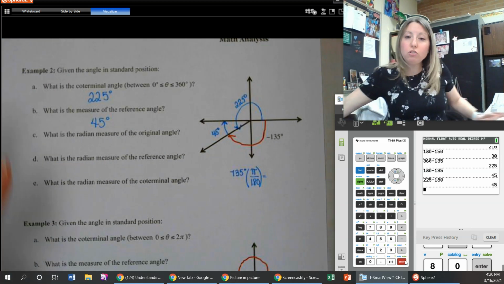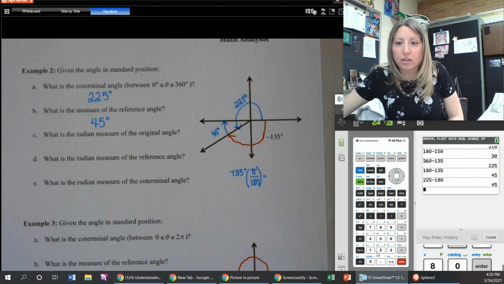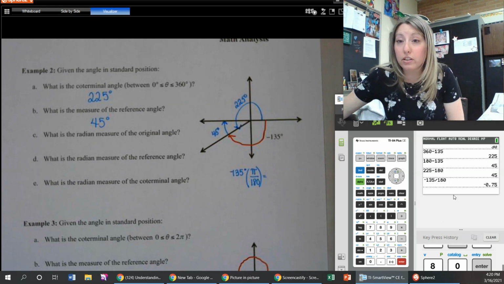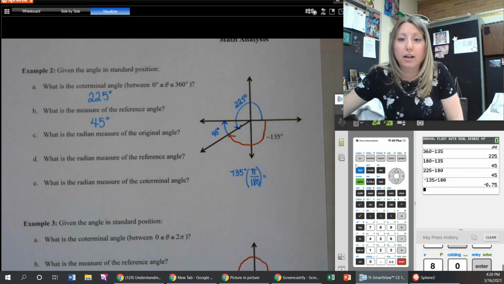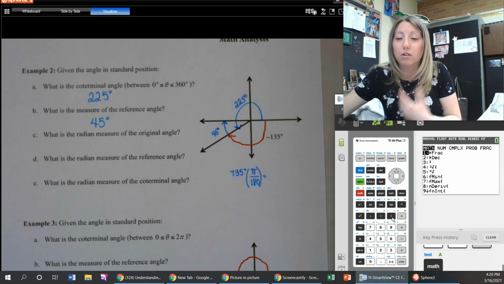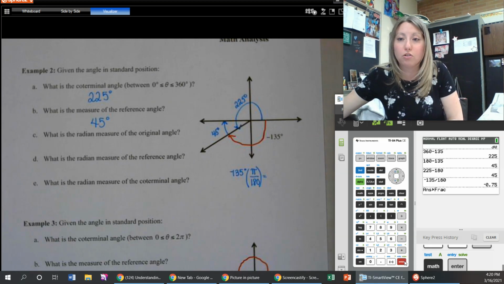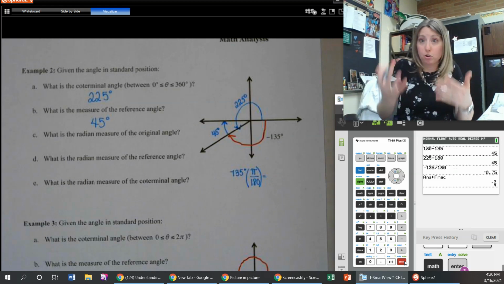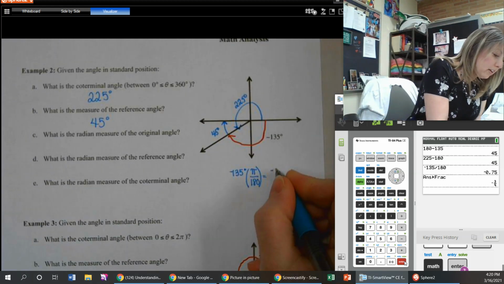So essentially what I type into my graphing calculator is negative 135 divided by 180 and see what it comes up with. That's actually something we could probably do in our heads, but if it's a decimal that you can't convert to a fraction in your head, you go math, fraction, and we convert it to negative 3 pi over 4.